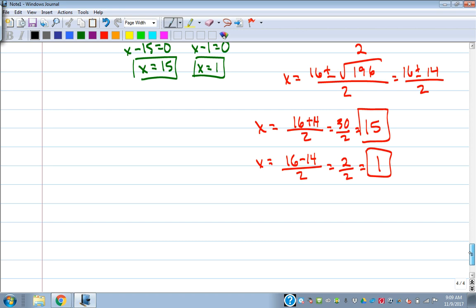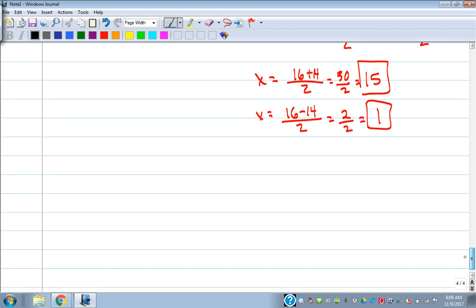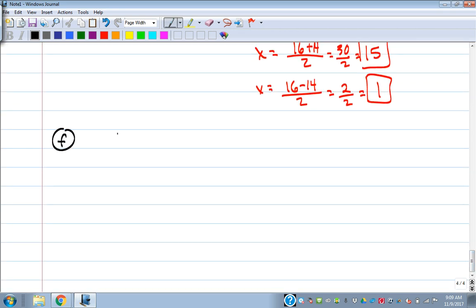Do a little tougher one here. F. 6 over x minus 3 equals 8x squared over x squared minus 9 minus 4x over x plus 3.